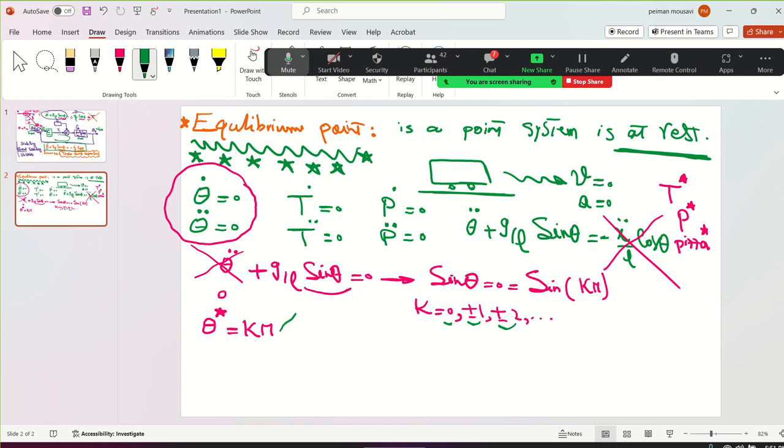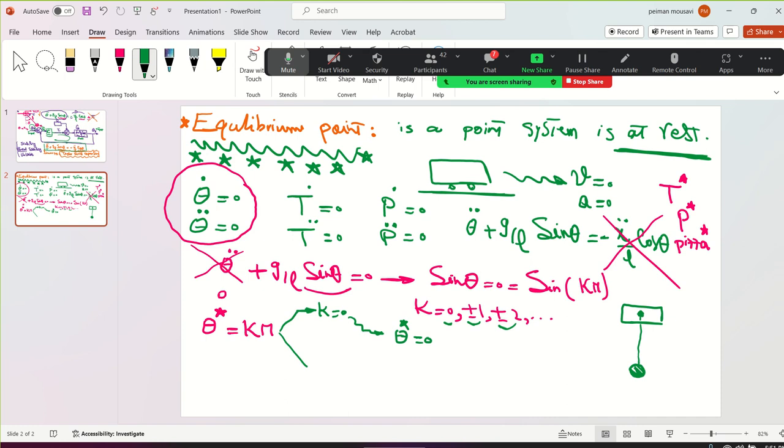But we have different equilibrium points, guys. Let me try a few of them one by one. Let me say k is 0. When k is 0, you get theta star is 0. Look at here, this is the moving pendulum. It says your equilibrium point is here, and there is no disturbance at the base.